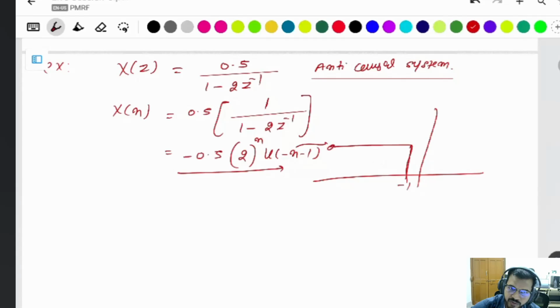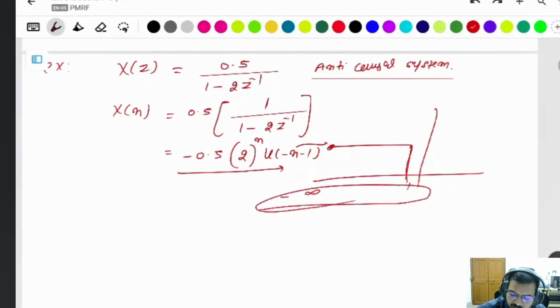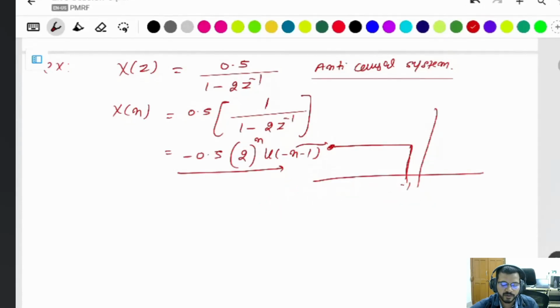Then the initial value can't be found, because the signal runs from minus infinity to minus 1 in this case. That's why in an anti-causal system you can't find the initial value.